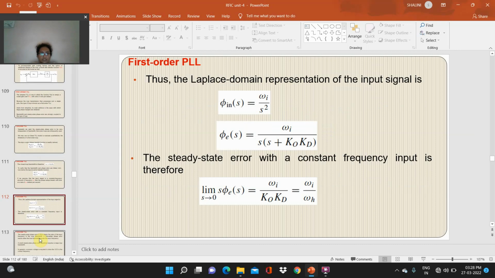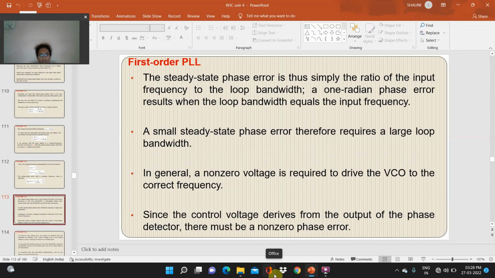Phi e of s is equal to omega I by s times s plus Ko into Kd. The steady state error for a constant frequency input is therefore the limit as s tends to 0 of s times phi e of s, which is equal to omega I divided by Ko into Kd, which is equal to omega I by omega h.